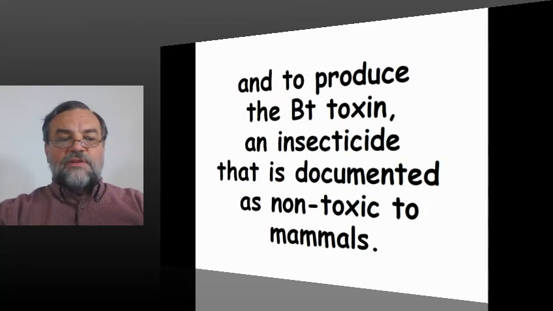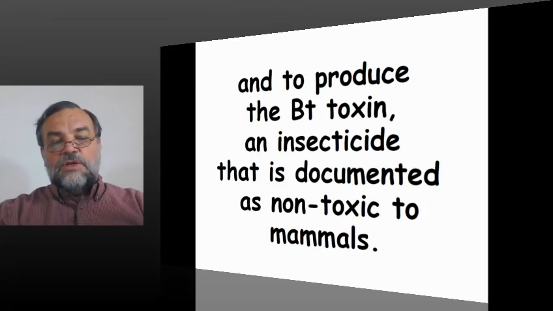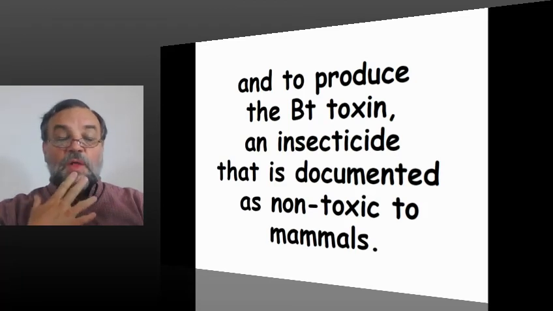They've even been modified to produce the Bt toxin, which is an insecticide that is documented as non-toxic to mammals. So here they've gone in and modified, moving around genes and so forth from one DNA to another to do all these different things.